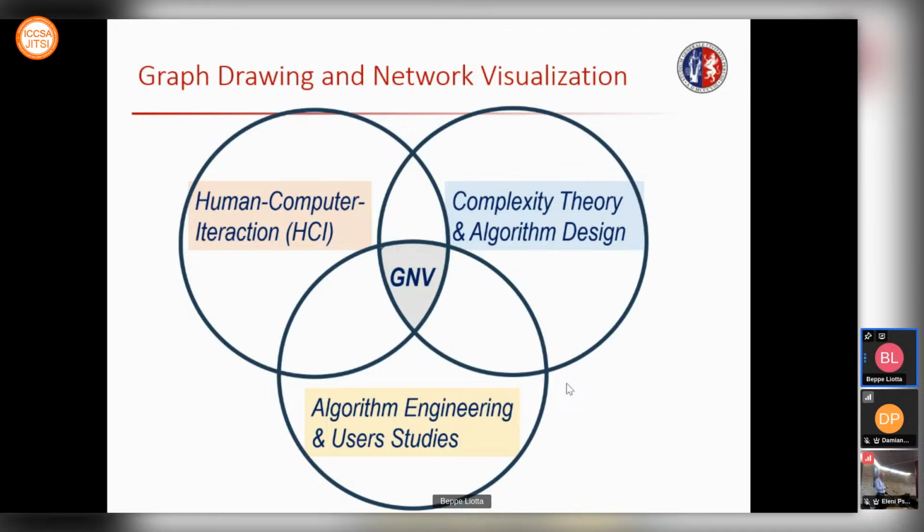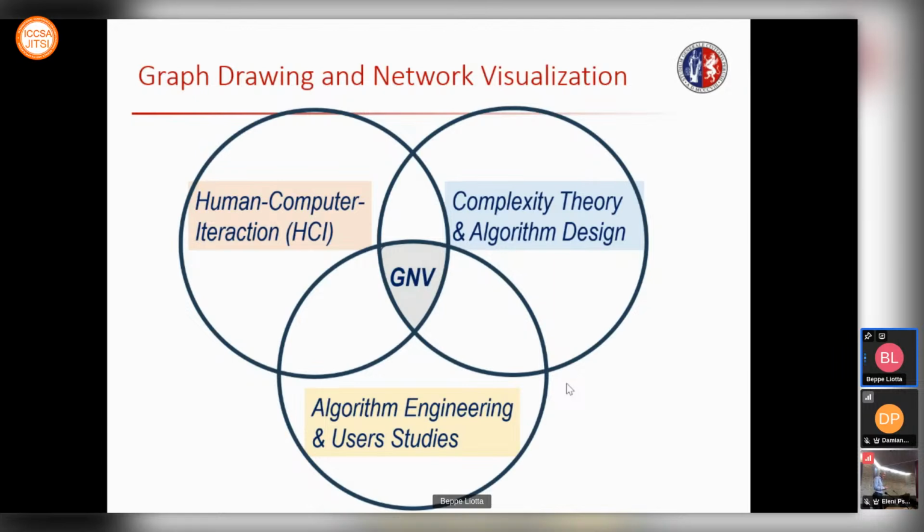And so there is complexity theory and algorithm design. And the third component is engineering of the algorithms that you've designed and user studies that should either confirm what you've done or maybe propose new aesthetics and new requirements on which you should optimize.